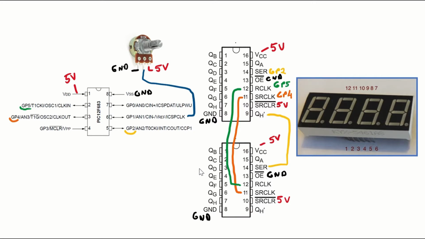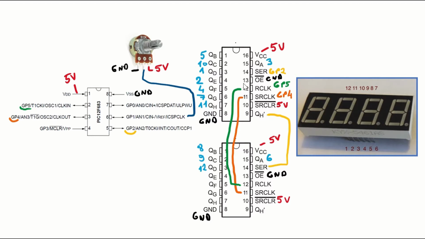QD will be connected to the 12th pin of the 7-segment display. QC to 9. QB to 8, and QA to 6, 11, 7, 4, 2, 1, 10, 5, and 3.